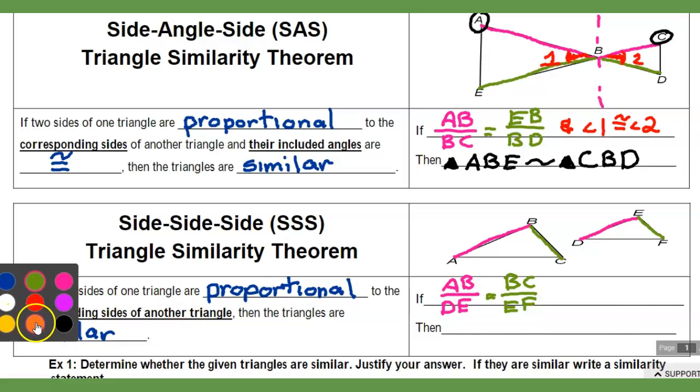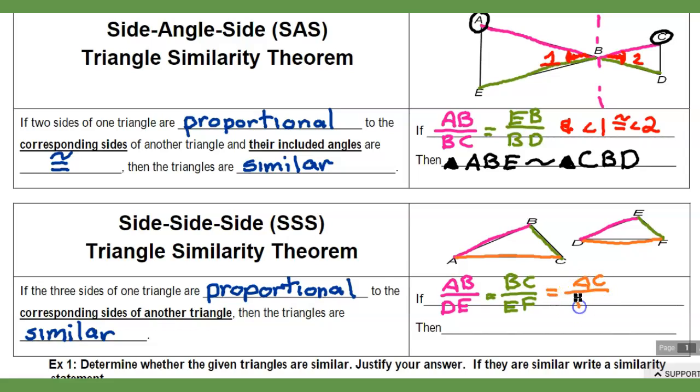Okay, but here we have a third side instead of an angle, AC to DF. So if you have all three sides have the same exact ratio, then the triangles are similar. So triangle ABC is similar to DEF.